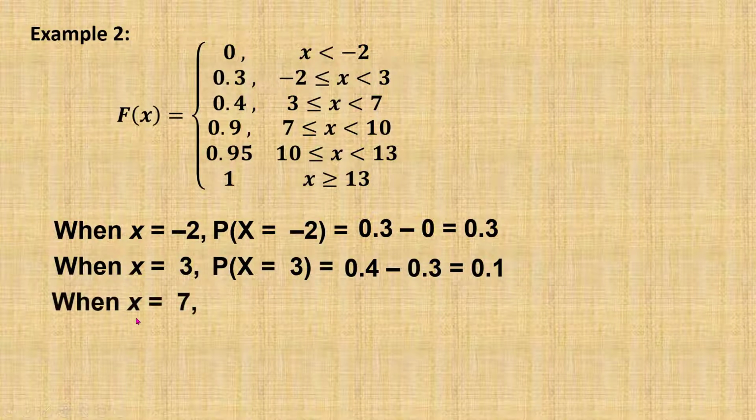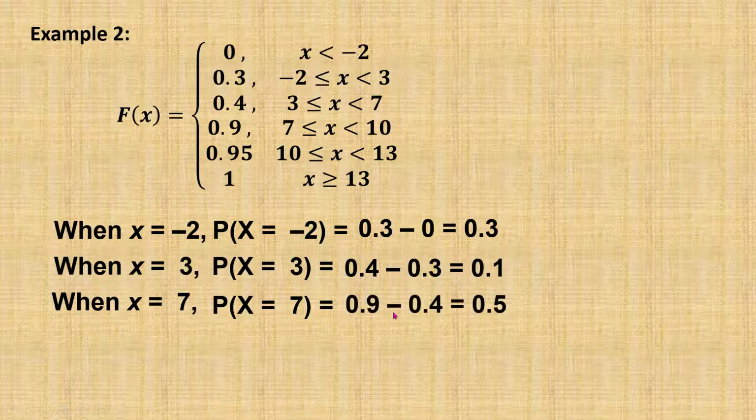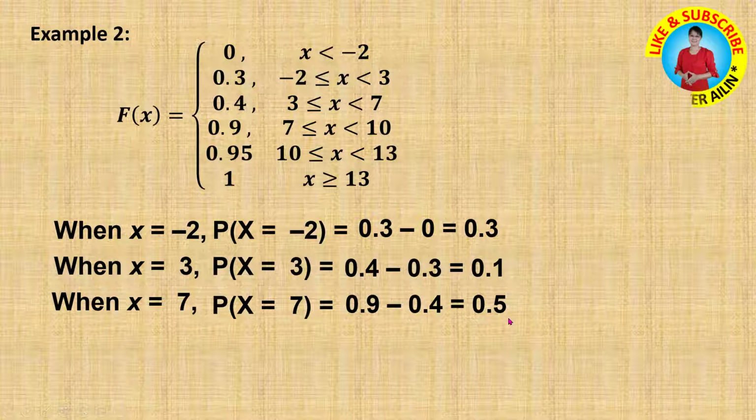When x is equal to 7, we can use the cumulative probability in this interval minus the cumulative before it, which is 0.9 minus 0.5 equals 0.5.